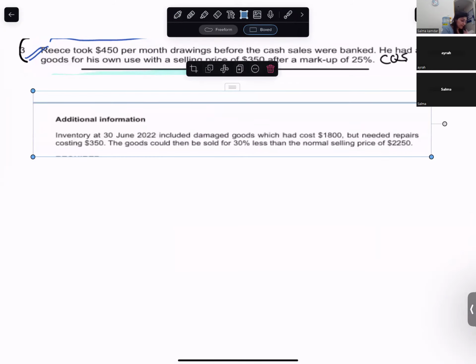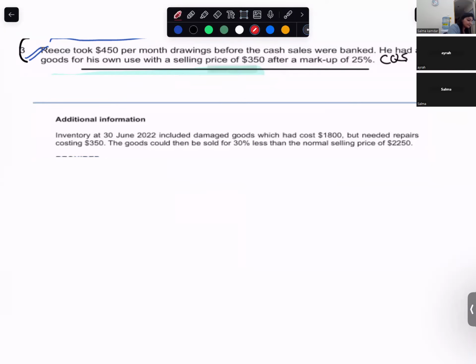The goods could then be sold for 30% less than normal selling price of $2,250. So closing inventory was how much? 21,400. This includes the damaged goods.